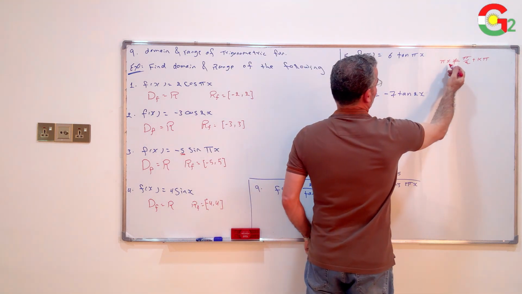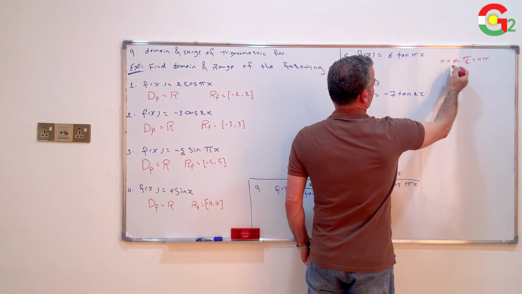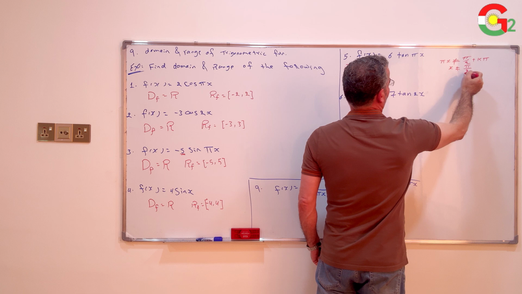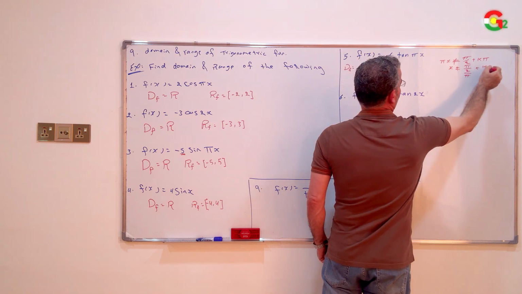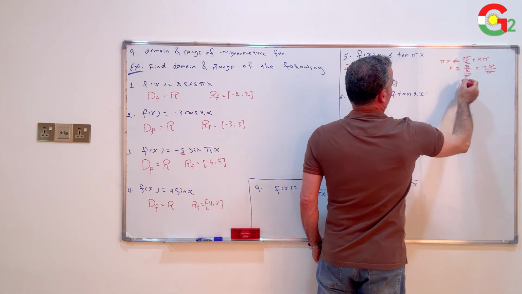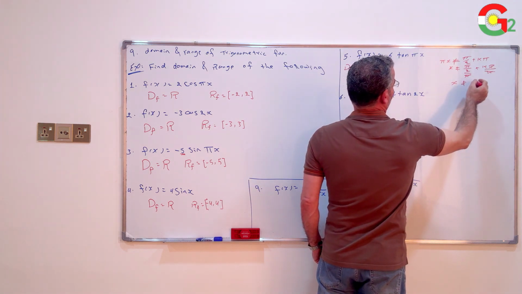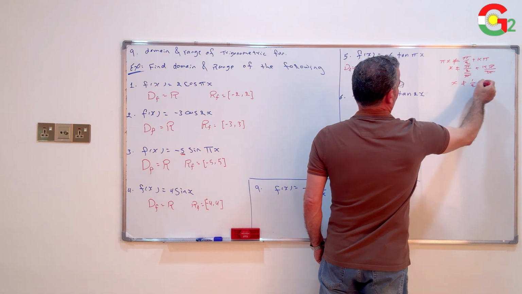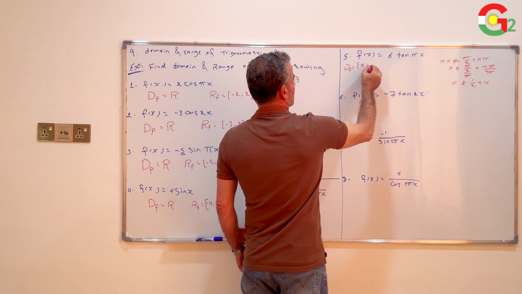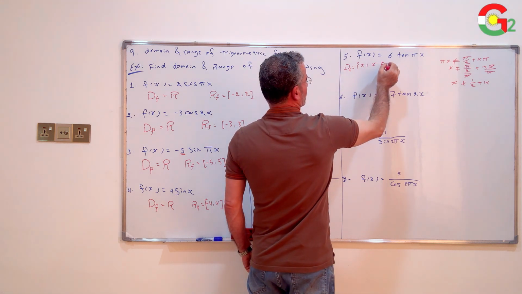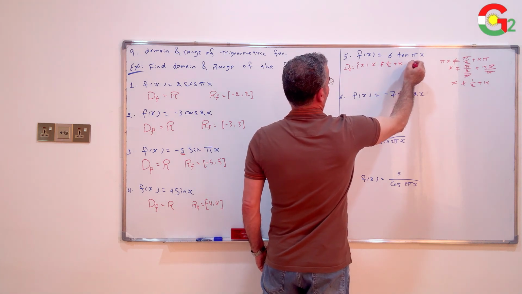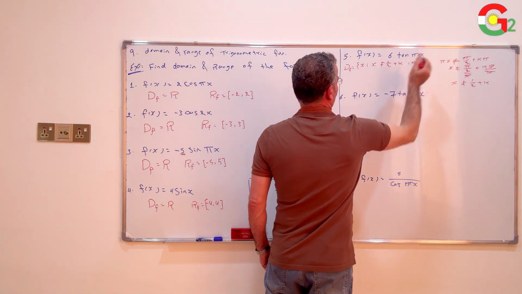Then I find the value of x by dividing by pi, then x not equal to pi over 2 over pi plus k pi over pi. Pi with pi, pi with pi, then x not equal to 1/2 plus k. Then the domain is x, where x not equal to 1/2 plus k, where k is any integer number.